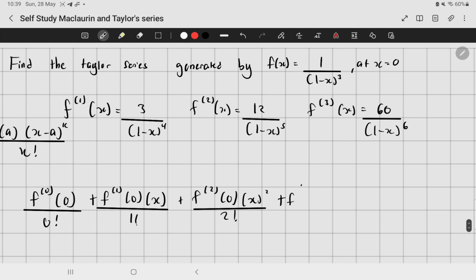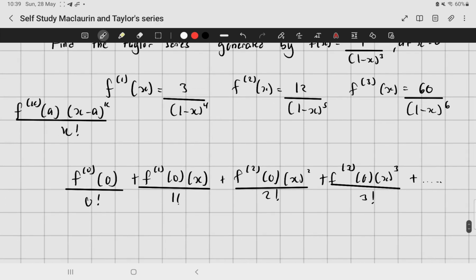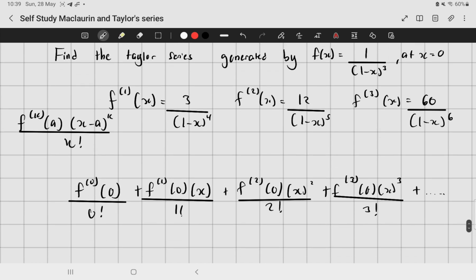And then the third one will be similar. Obviously this goes to infinity. That doesn't end. It's an infinite series. We are trying to generate an infinite series that represents the function. Now just plug in the values you've put here into your functions and derivatives.